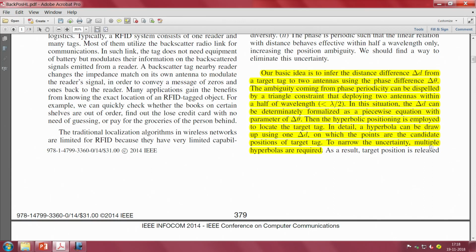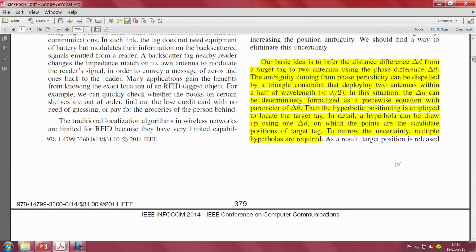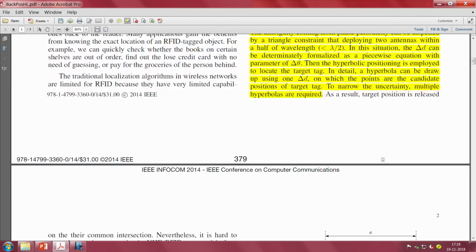So, let us see how this hyperbola can be drawn using one delta d, on which the points are candidate positions of a target tag. Okay. When you draw hyperbolas, you read a tag, you are exactly not talking about one single hyperbola, but several hyperbolas which are ideally expected to intersect at one point.